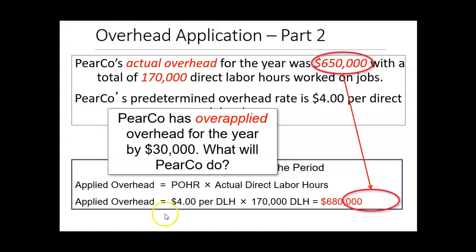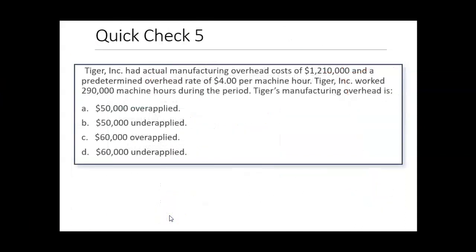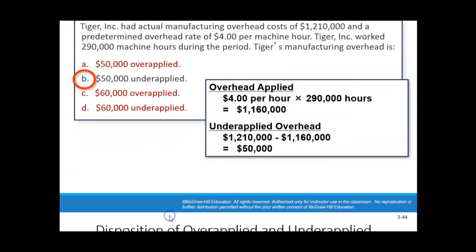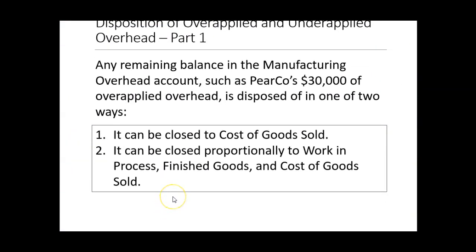The question is, what will we do with this overapplied overhead? Well, we have two different options. We can close it out to the cost of goods sold account, or it can be closed proportionally to work in process, finished goods, and cost of goods sold.